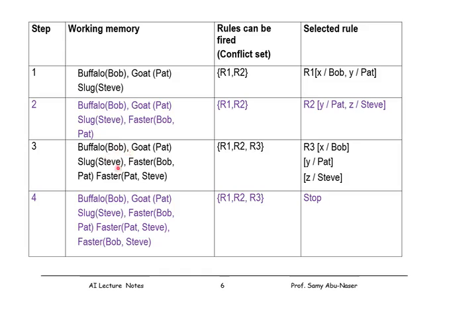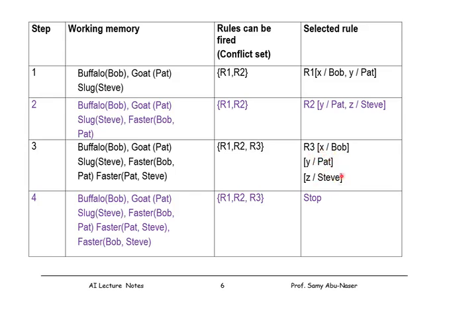So we take these facts and test the three rules. Which of them can be executed? We found that the three rules R1, R2, and R3 can be executed. We executed R1 and R2 previously, so we now take R3. We substitute X with Bob, Y with Pat, Z with Steve.